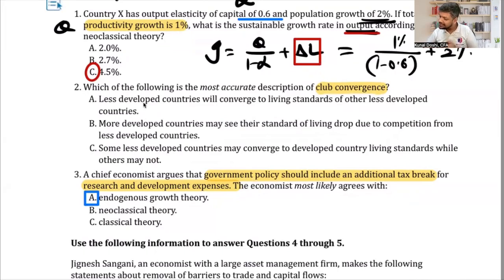More developed countries may see their standard of living drop due to competition. No, we didn't study like that. Some less developed countries may converge to the developed countries' standards of living, while others not. Yes, only selected countries who are a part of the club. Isn't it? Everyone understood? See, most of the time the name itself will give you the hint.